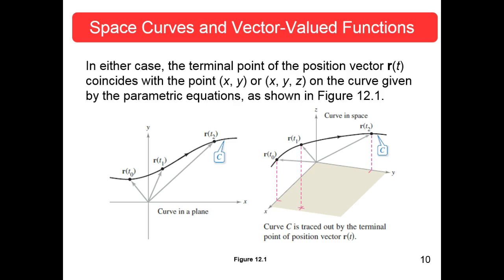This curve C is traced out by the terminal point of the position vector r of t, but this is in 3 dimensions. This one's only in 2 dimensions. This is in the plane, that one's in space. It's really hard to represent spatially on a 2-dimensional graph. It's just really tough to do.